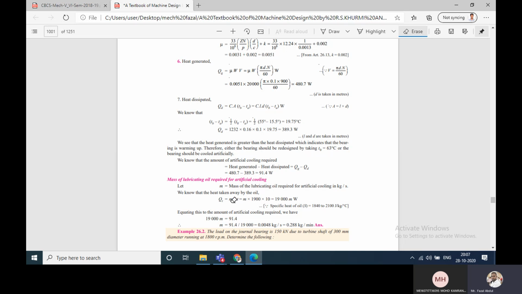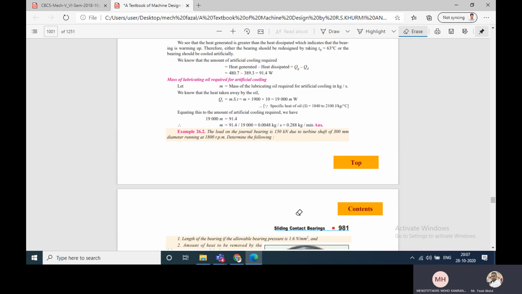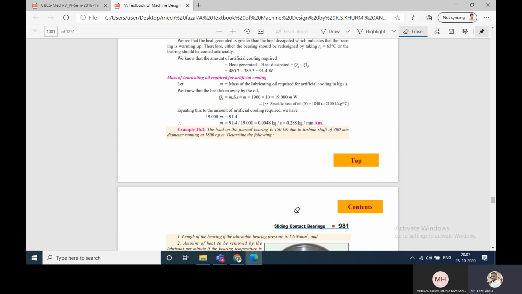M is the mass of lubrication oil, that is the question. S is the specific heat, that we need to assume. And T is the temperature of the oil, given in the question, 10. So apply all the values here. You will get the mass value in terms of kg per second or kg per minute. So this is the procedure for the sliding contact bearing.